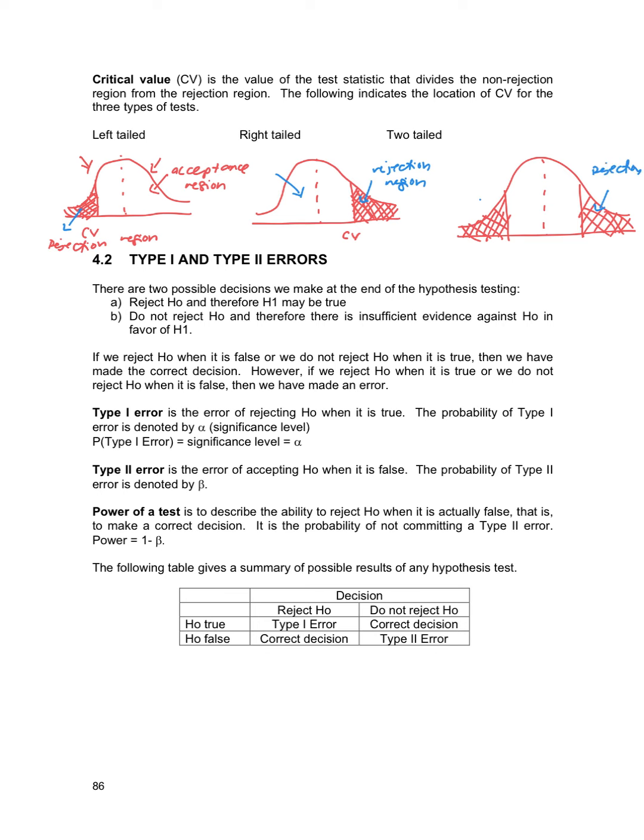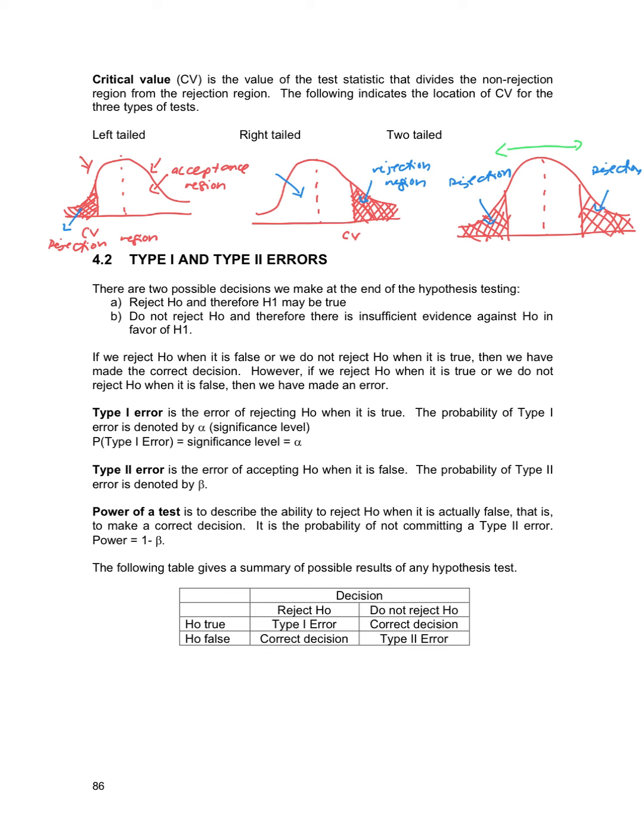This one also rejection region. Yang tengah-tengah adalah acceptance region. Meaning that kalau test statistic value awak falls into the rejection region, sama ada di kiri atau kanan, kita akan reject the null hypothesis. But kalau dia jatuh ataupun falls within the acceptance region, kita fail to reject the null hypothesis.